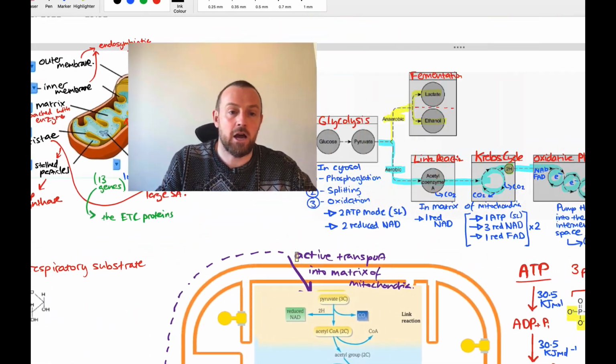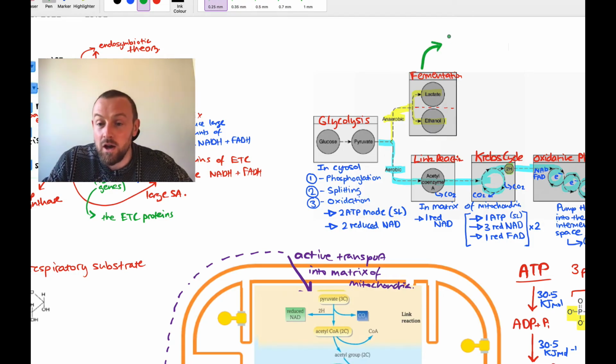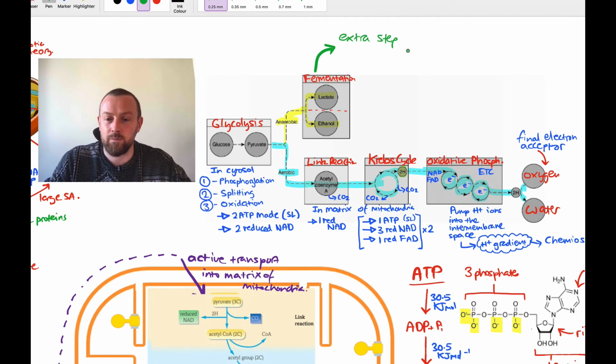So let's just add that up here. So fermentation, oops, that's quite large. I will just write extra step to oxidize reduced NAD to oxidized NAD.